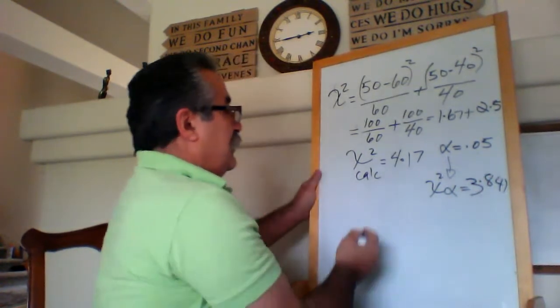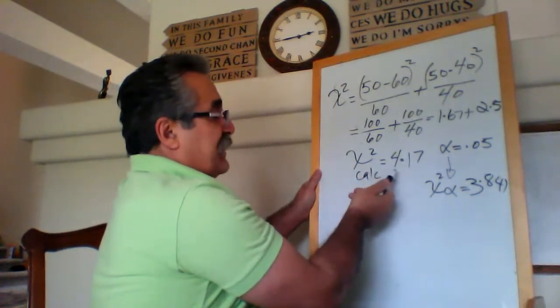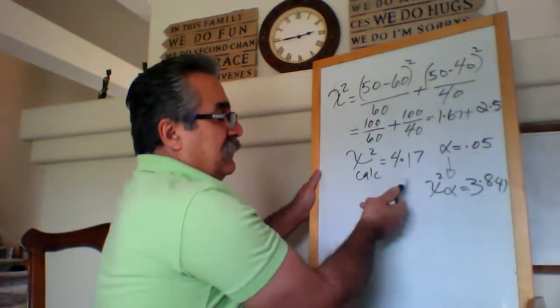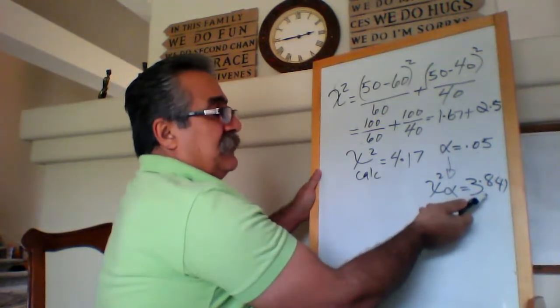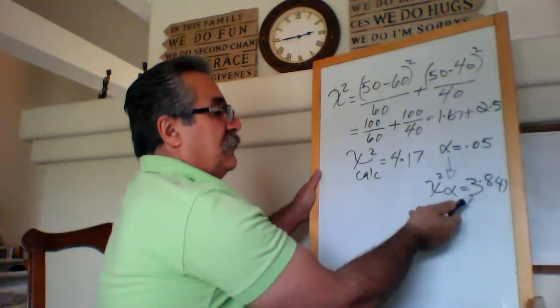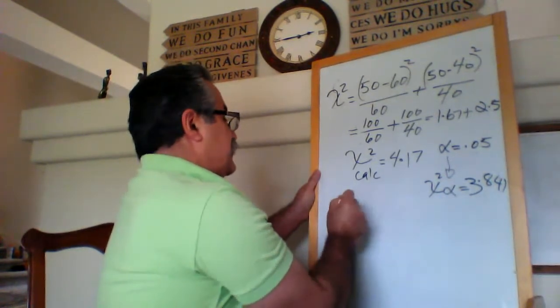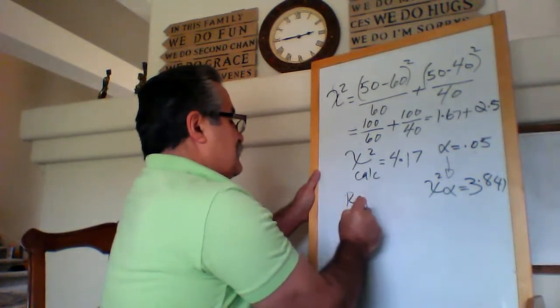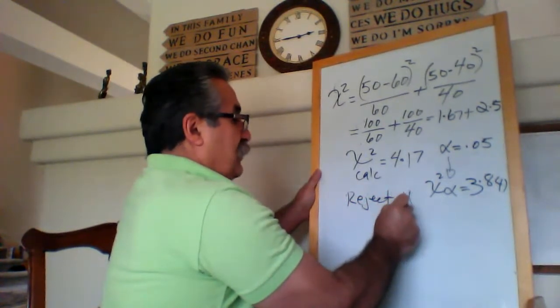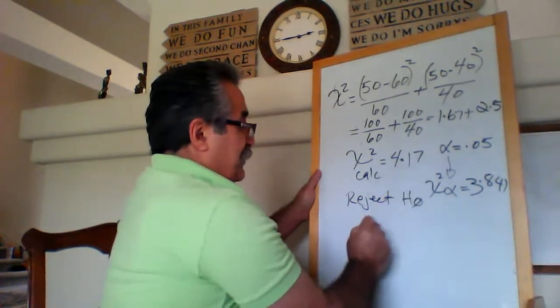3.841. We said if the chi-square that we have calculated is greater than the chi-square of alpha, then reject. In this case, we say reject H0. What is H0?